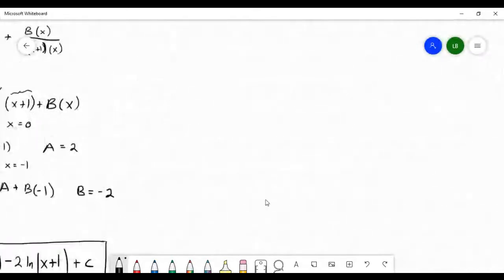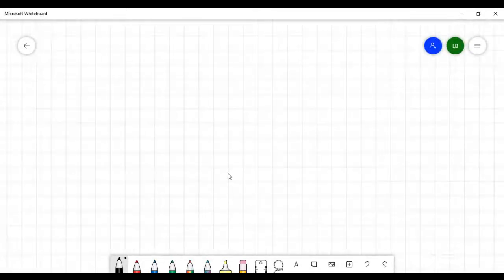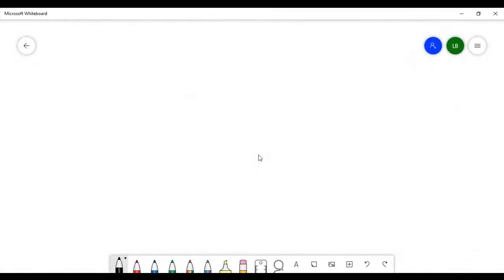All right, so that's a pretty nice problem. But for now, I'd like to finish this integral of natural log section with just a couple more examples, practice problems.